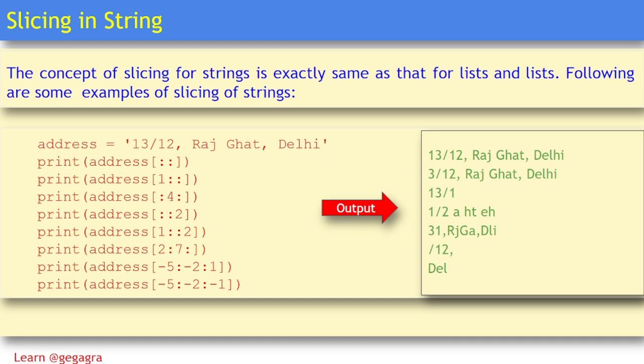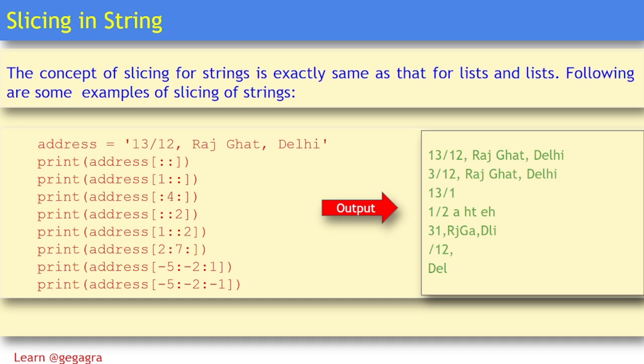And in the third example, there is no start, but it should stop at 4, which means 0 1 2 3, the 4 characters, so they are 0 to 3. And then here the string starting with 0 will go up to the end with a gap of 2.